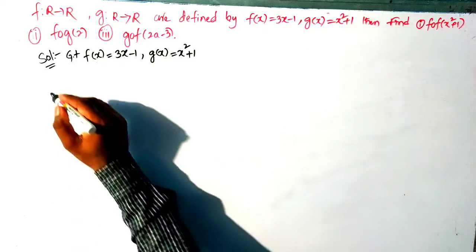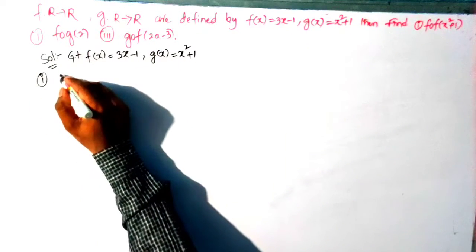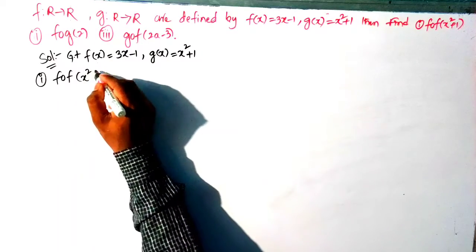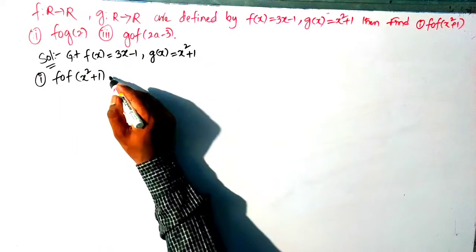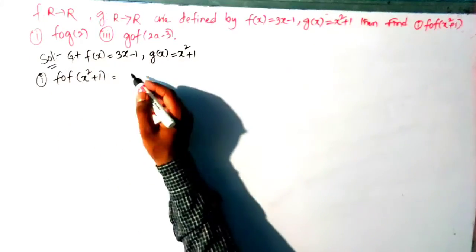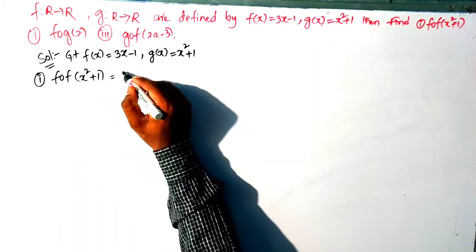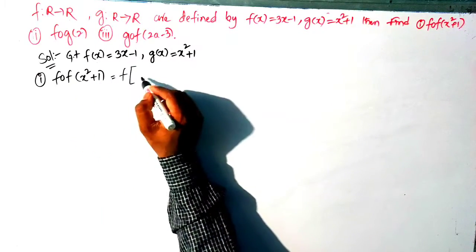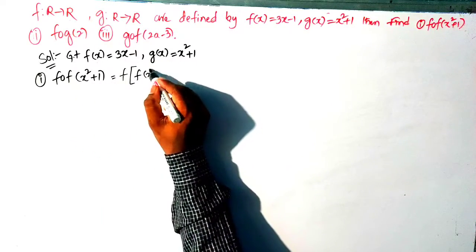Okay. Now the first one I will write here. What is the first one? f circle f of x square plus 1. Both are defined on the real number set, R to R. So don't change here. f circle f, both are the same values. So this f circle f of x can be written also f of x square plus 1.